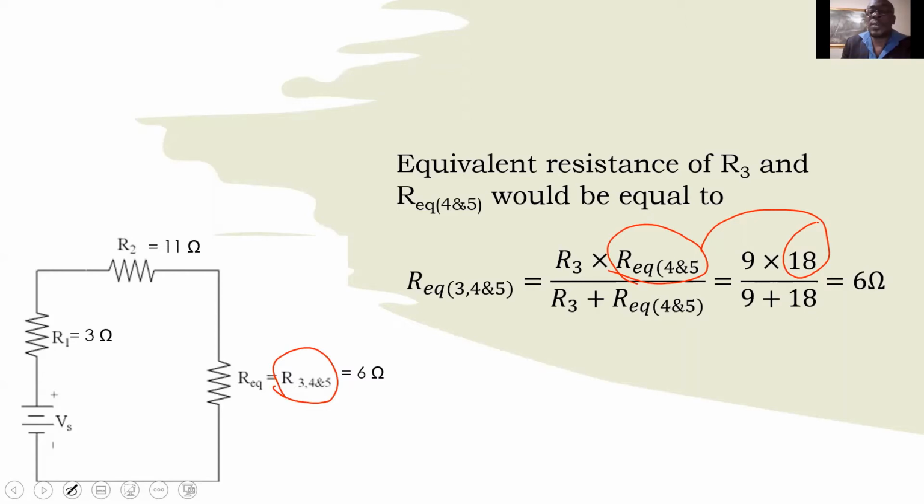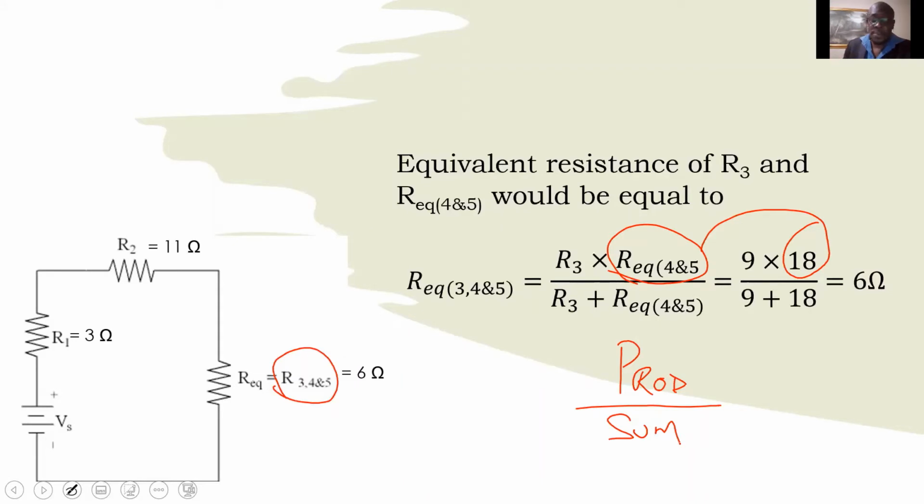So we're using the formula here, product of resistances divided by the sum of resistances. All right, so 9 times 18 divided by 27, and that gives us 6 ohms.